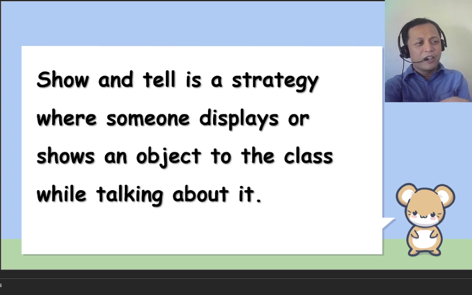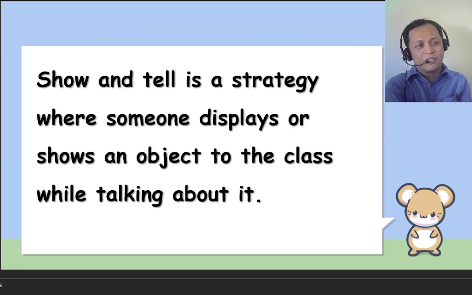So that is role playing, while show and tell is a strategy where someone displays or shows an object to the class while talking about it. This is one way also of breaking the ice or breaking the silence. No? Normally, this is done during the earlier days of the class. No? This is done to get to know the person better.